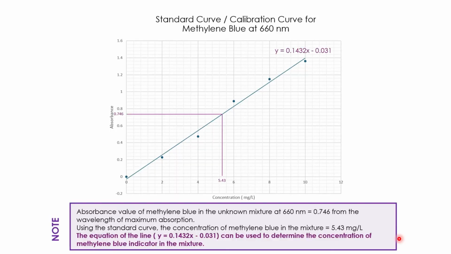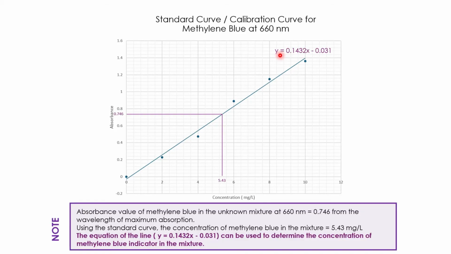And what we have to note is that before we can use this calibration curve to extrapolate or determine the concentration of the methylene blue in our unknown mixture, we will have to look out for the equation of the line using Excel.